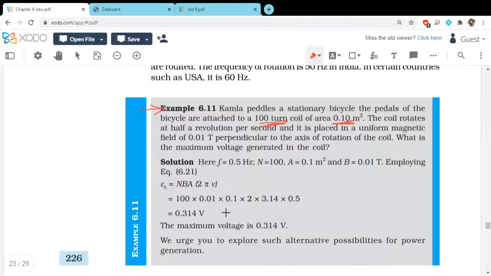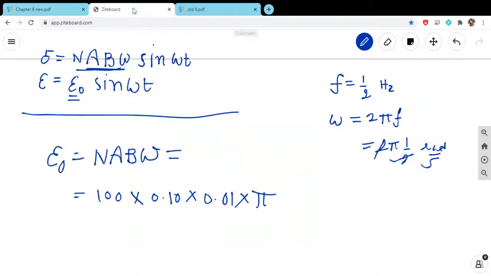By solving this, you will get 0.314 volt. So the maximum voltage is 0.314 volt.